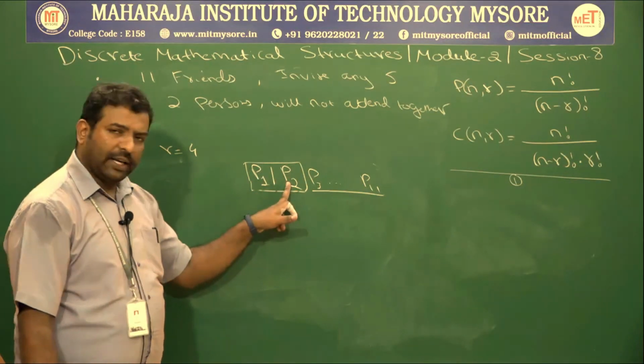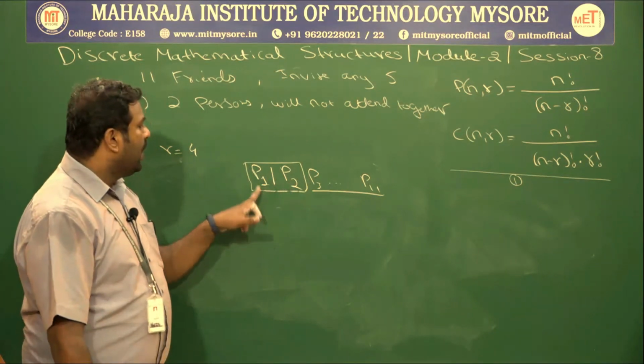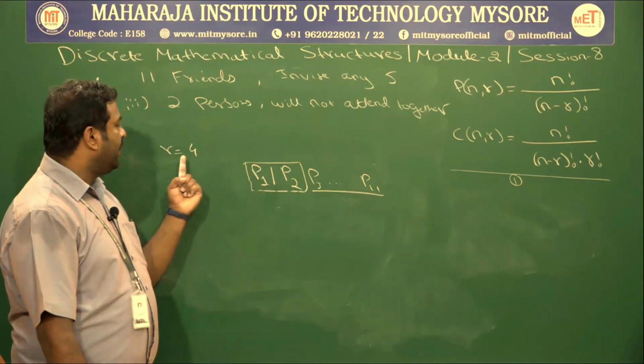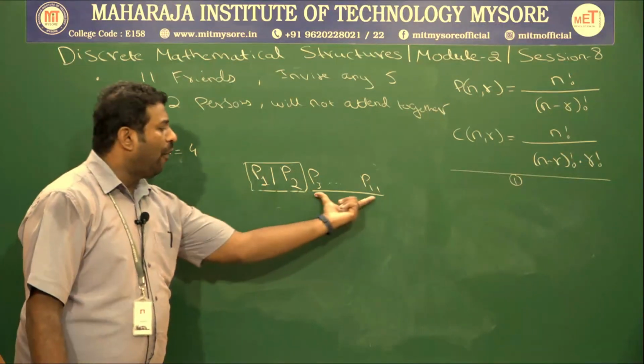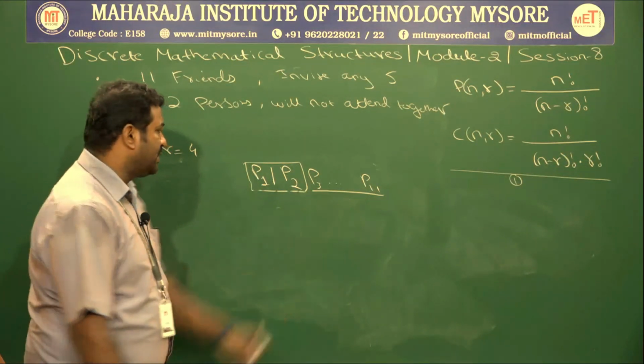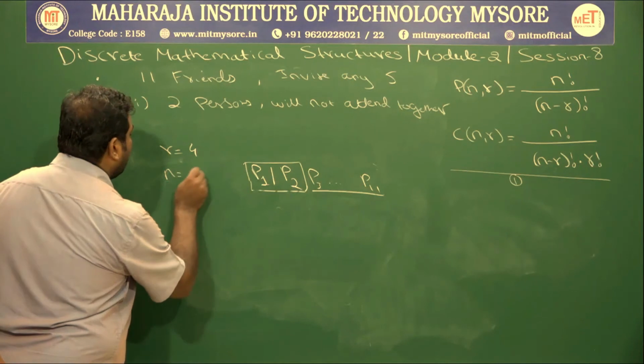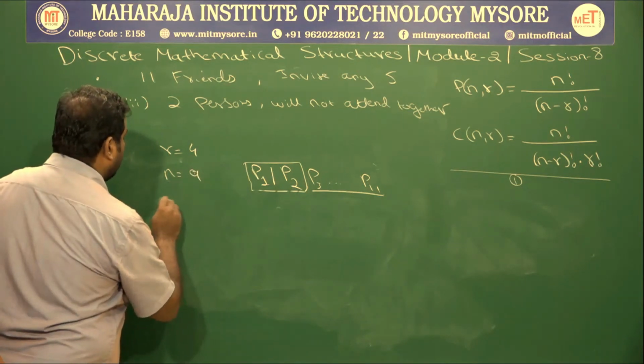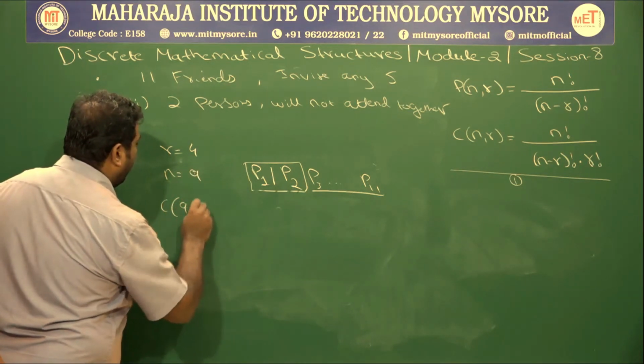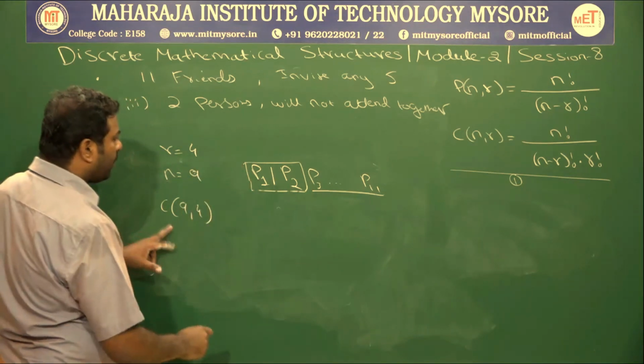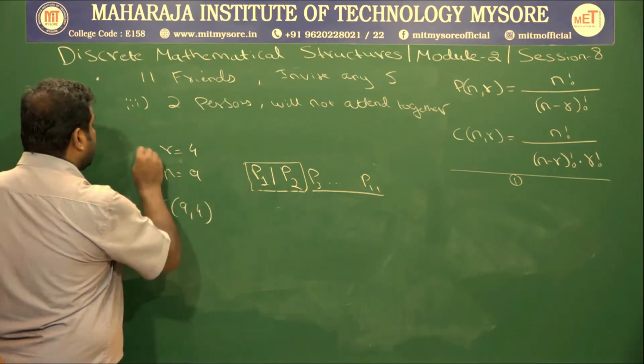Hence P2 will not attend. If I invite P2, P1 will not attend. Hence I need to choose 4 out of how many? 9 remaining friends. Hence n is going to be 9 in the first case, which will be C of 9 comma 4. Fine, this is the first case.